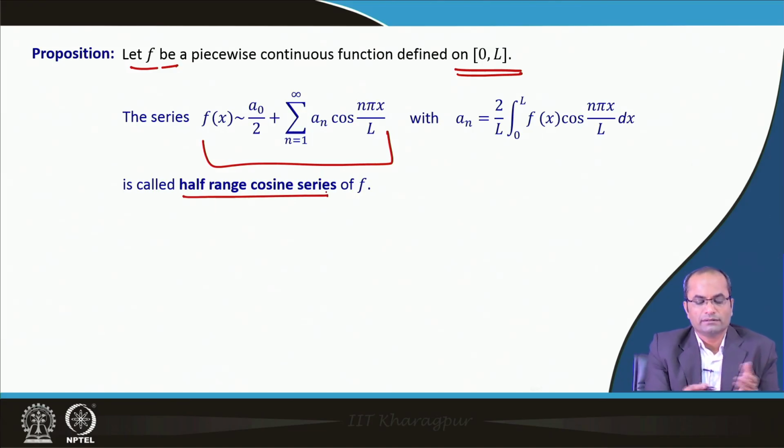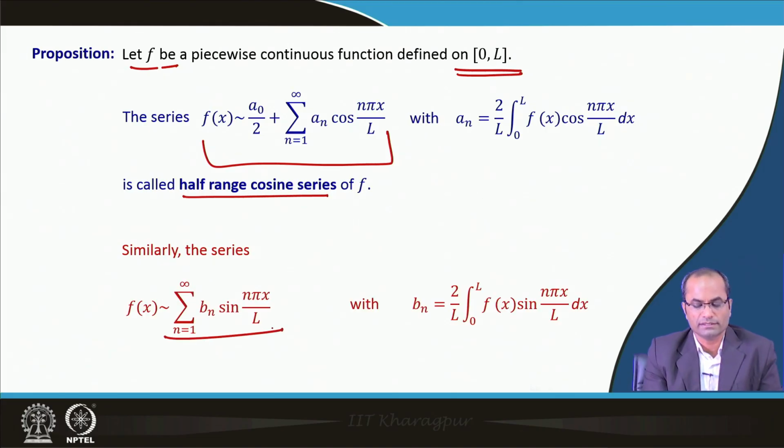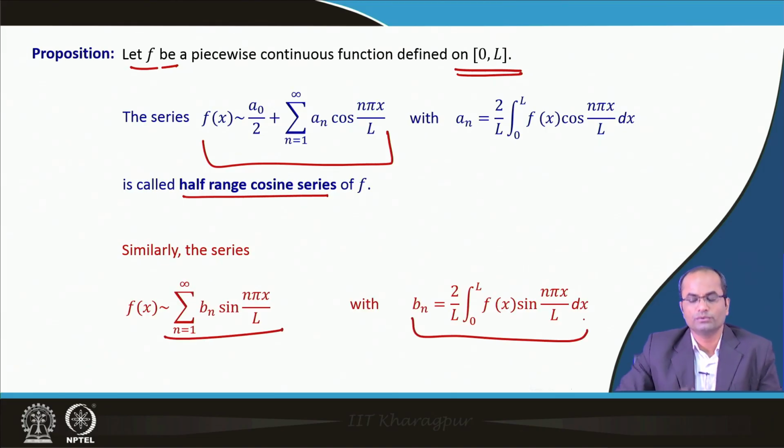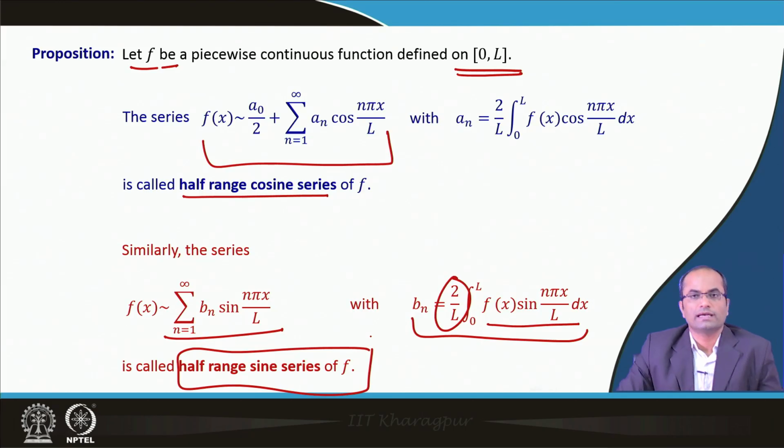Accordingly, we will get either this half range cosine series or half range sine series, where the b n we can compute with this formula, 0 to L f x sin n pi x over L, and this factor 2 over L, and this is called half range sine series. So, for a function given in some interval, we can have both the expansions, the half range cosine expansion or half range sine expansion.